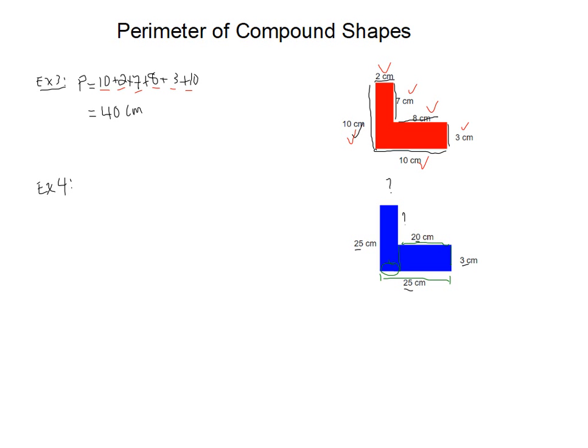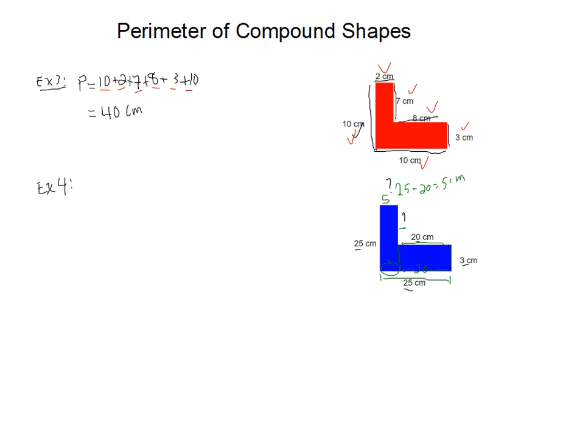So we know that it's 20 from here over to here, and it needs to be 25 all the way across. So this distance up here needs to be 25, the whole distance, minus the 20 that we have, which is equal to 5 centimeters. So I'm going to put that in here so we don't forget when we find the perimeter.